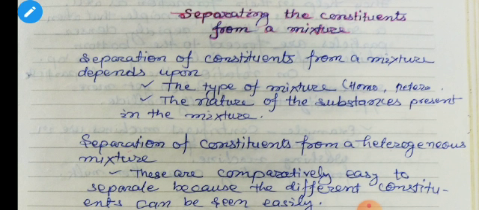Students, today we will discuss how to separate the constituents from a mixture. Students, we have learned that mixtures, whether homogeneous or heterogeneous, result from the mixing of pure substances, that is, elements and compounds, and no reactions occur in the formation of a mixture.